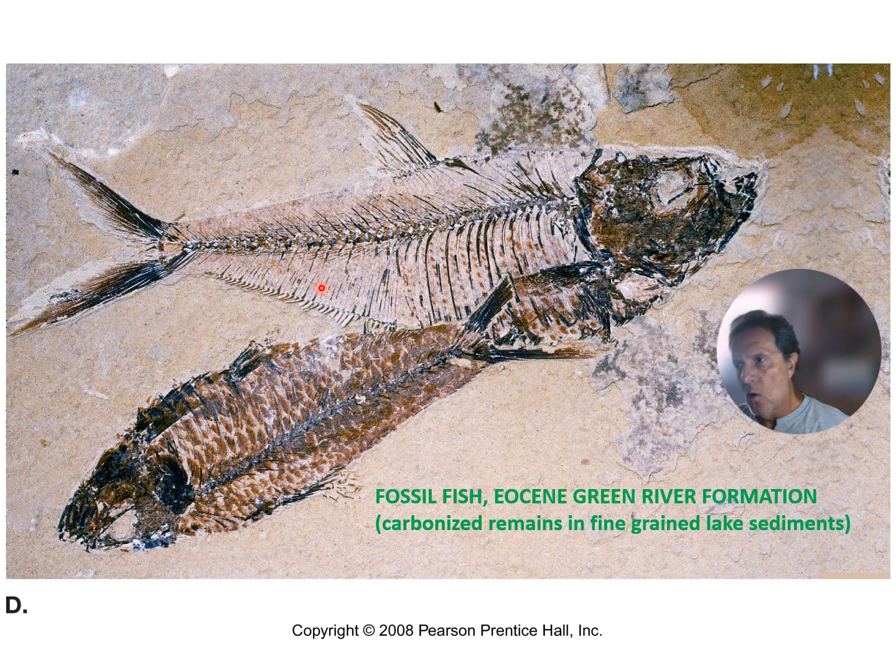Now here we come into more the realm of trace fossils, or evidence that animals existed, and the fossils are not necessarily the hard parts like shells and bones. These are imprints of fish in the fine-grained lake sediments of the Eocene Green River Formation in the USA.